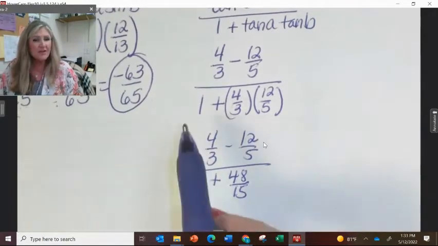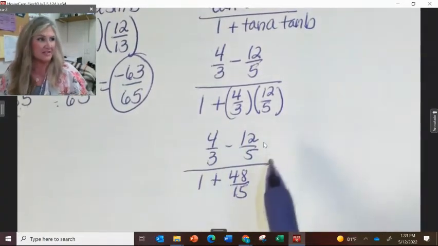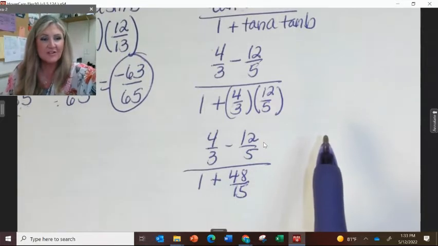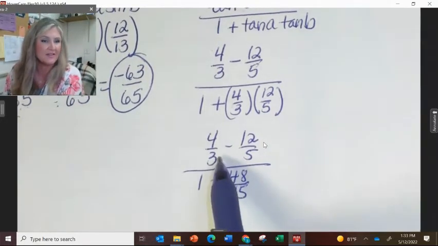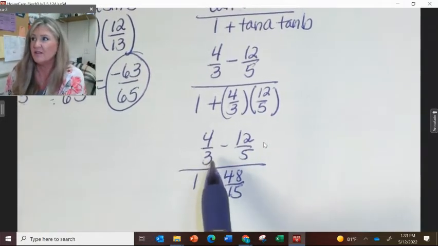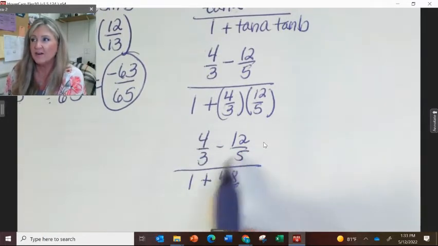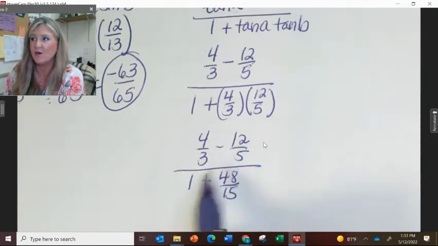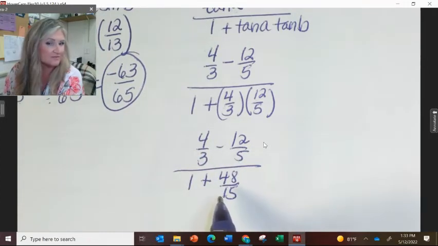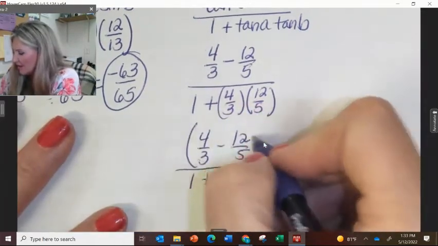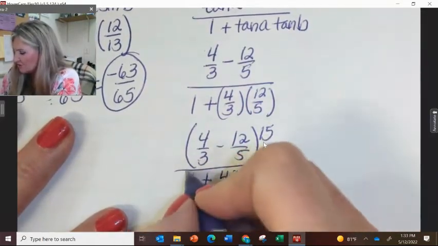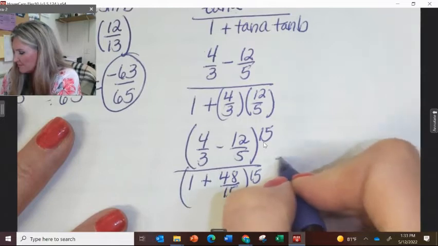Now, you could get out a calculator and type all of this in, but that is actually more difficult than using a method that I showed you earlier in the course. We have 4 terms here. What is the common denominator if I take into account all 4 of these terms? 15. So I am going to multiply each term by 15.